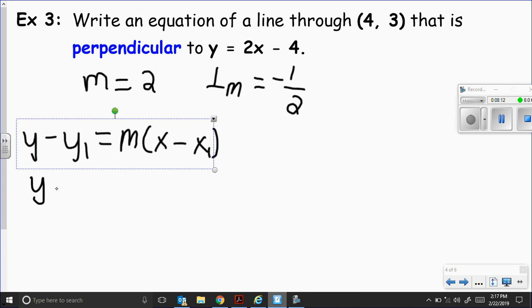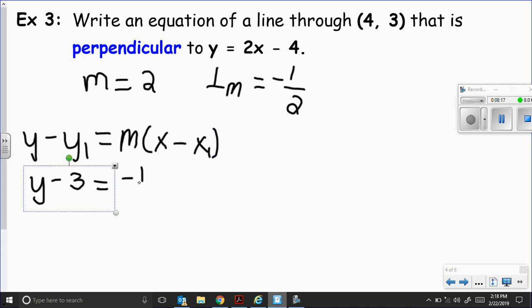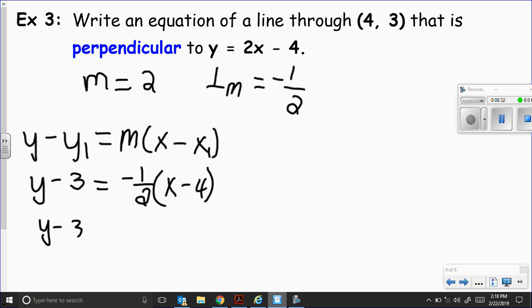So we get y minus 3 equals our slope of negative 1/2, because that's the slope we need, times x minus 4. And since there's no double signs to clear up, we're going to go ahead and distribute. So we have y minus 3 equals negative 1/2 x plus 2. And don't forget the plus, you got a negative times this negative in here.